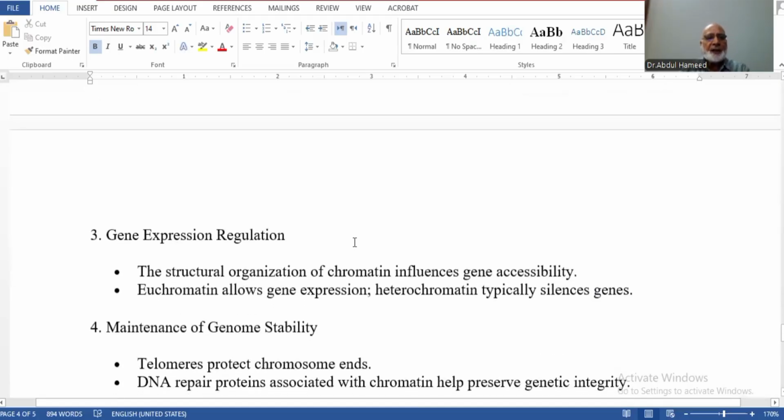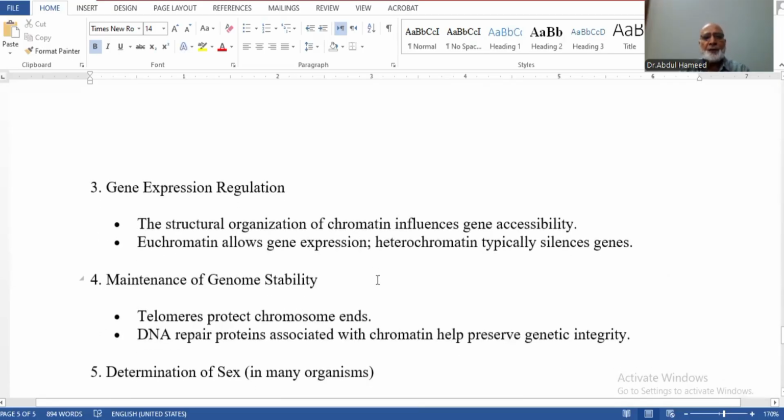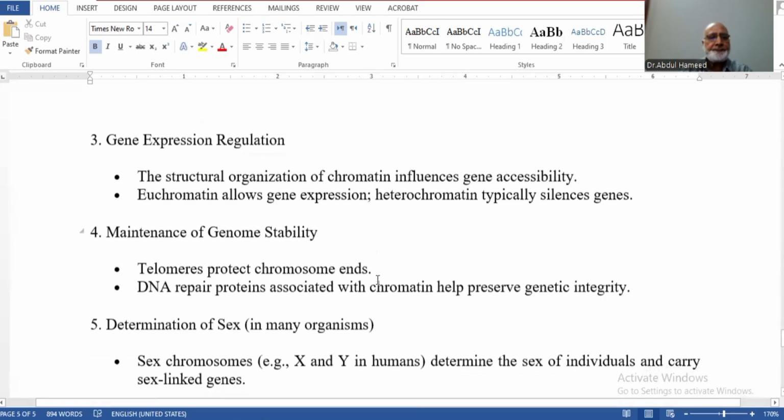Then gene expression: the structural organization of chromatin influences gene accessibility. Euchromatin allows gene expression, while heterochromatin silences the genes under the heterochromatin region.